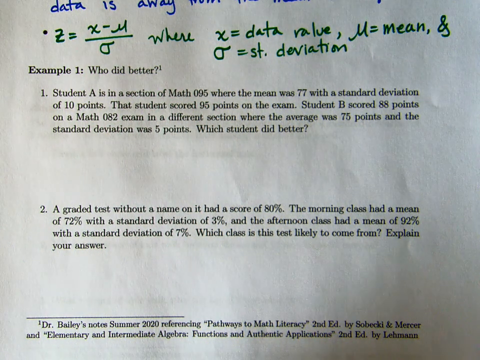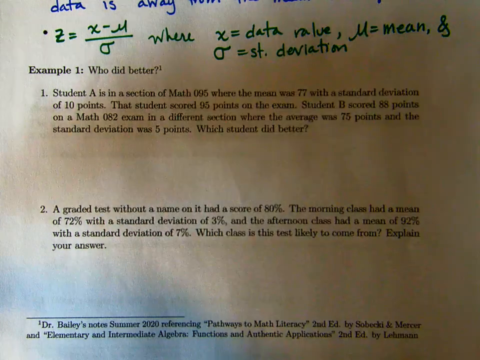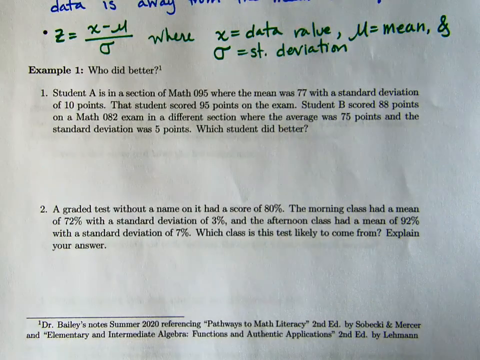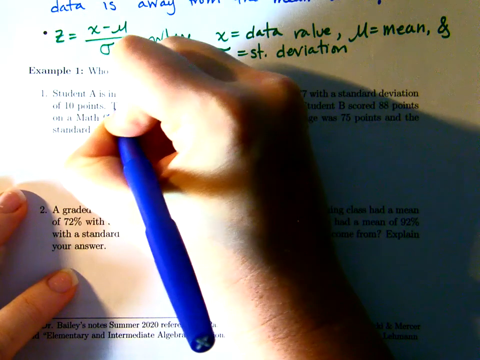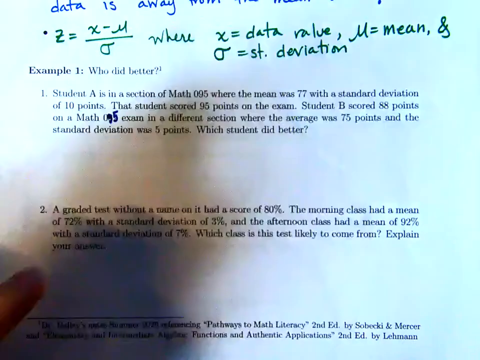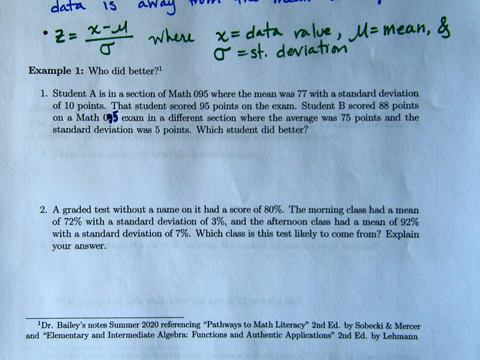Student B scored an 88 on, oh, that's a typo. For Pete's sake, that's supposed to be the same class. Sorry. Math 95 exam in a different section, same course but different section, where the average was a 75 and the standard deviation was a 5.